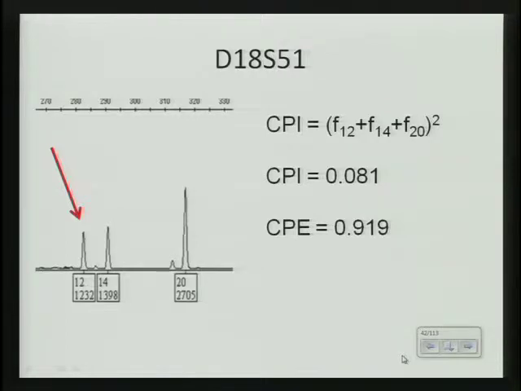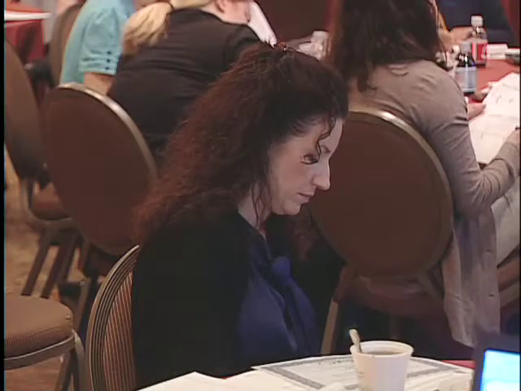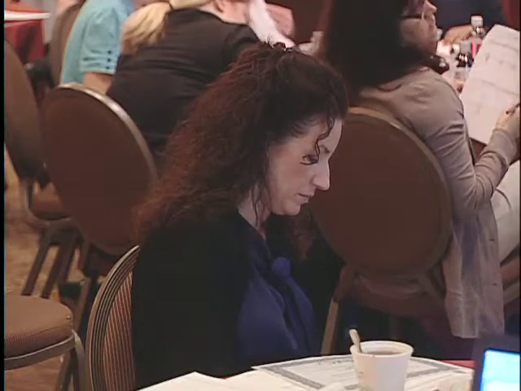Chris McGuire pointed this out in his lecture on Tuesday: that using the CPI, the CPE, you tend to discard a lot of information. In this case, if I were a 12-12 homozygote, I would be included in this mixture, and I would be pretty upset.